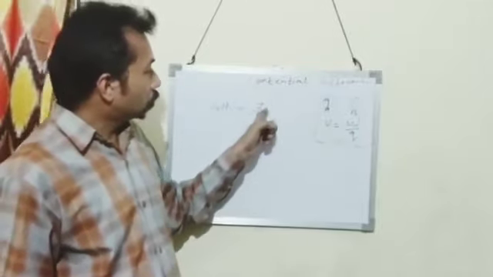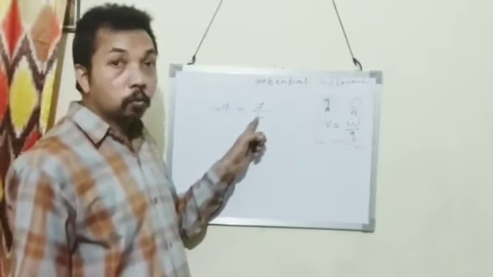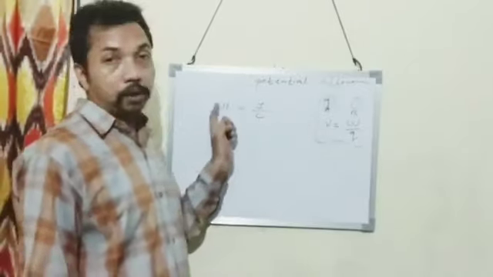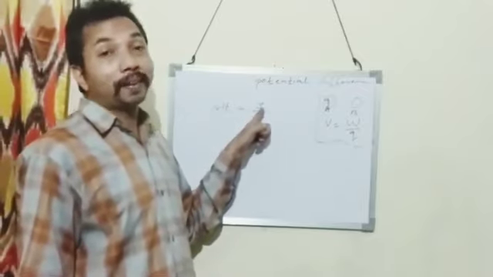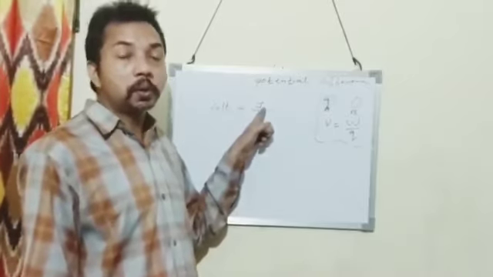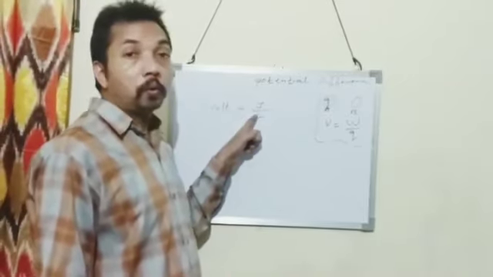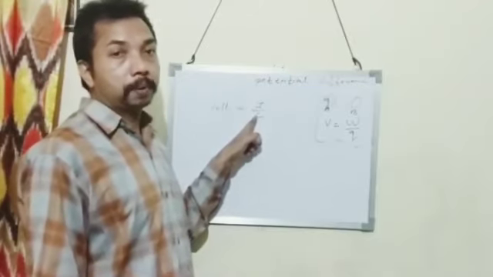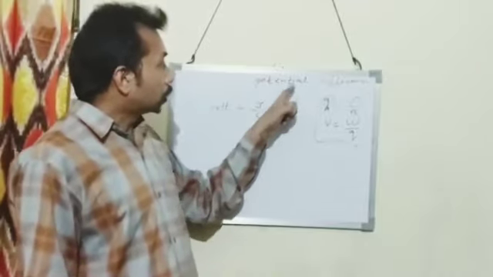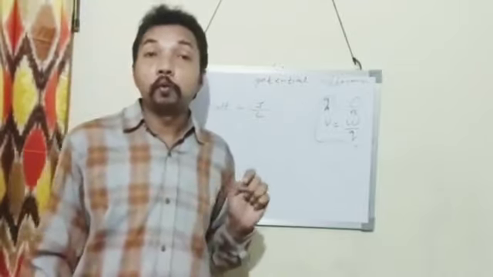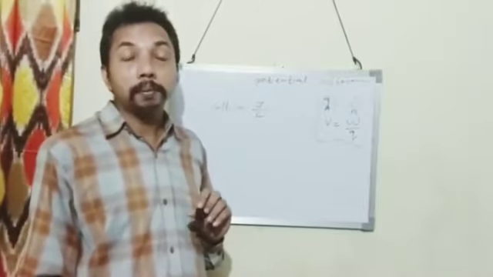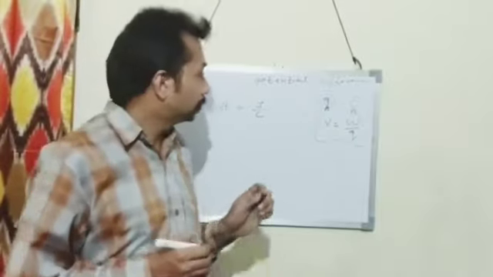When 1 joule of work is done to move a charge of 1 coulomb from one point to another point, then the potential is said to be 1 volt. So this is the definition of the SI unit of electric potential.